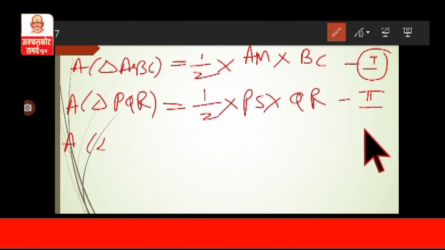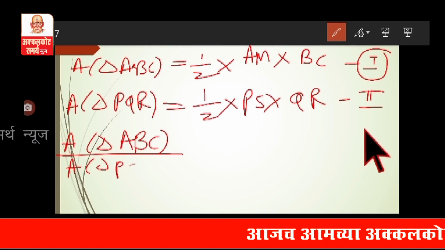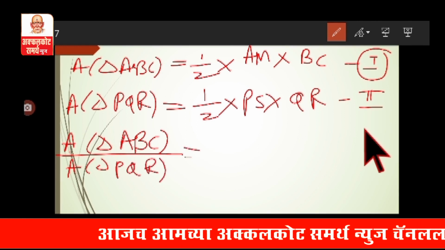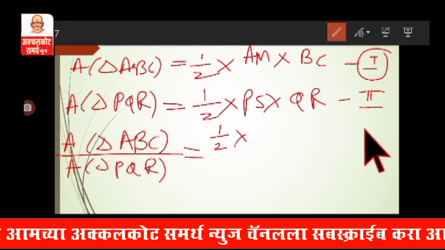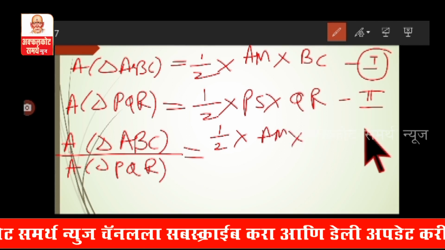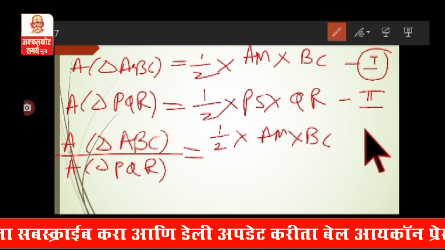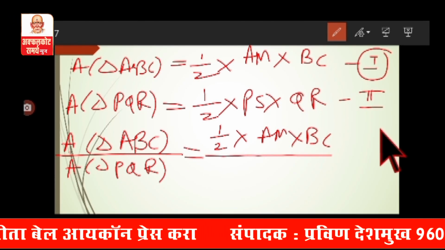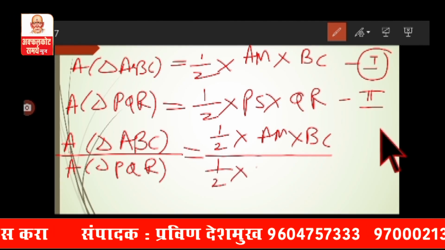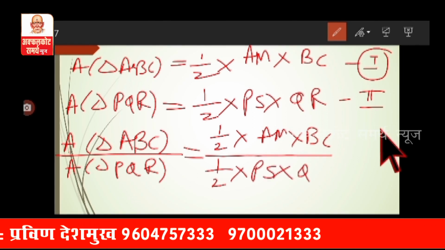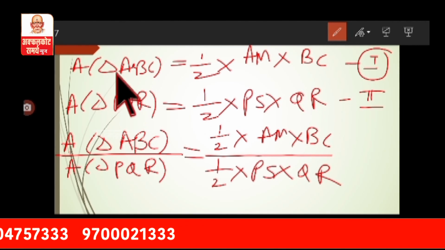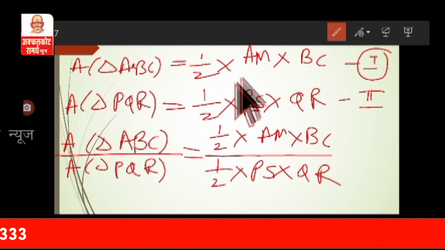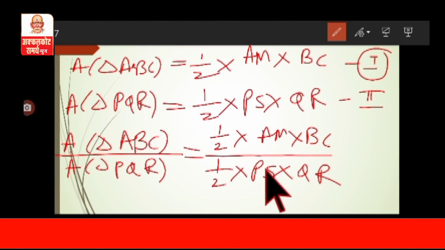So area of triangle ABC over area of triangle PQR, what will you get here? Half into AM into BC, because area of triangle ABC we have taken, and whole divided by half into PS into QR, right? So LHS by LHS we have divided, RHS by RHS we have divided.